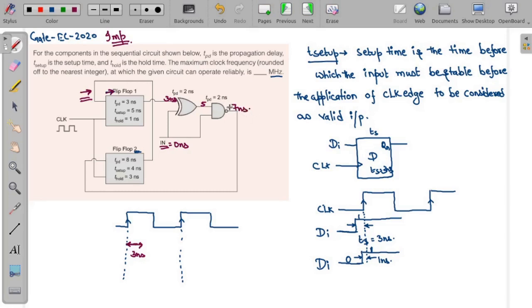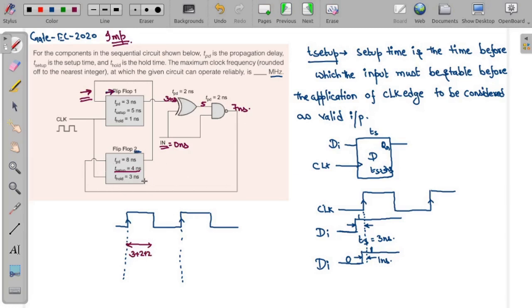So after 7 nanoseconds we get the input to flip flop 2, which is 3 plus 2 plus 2.